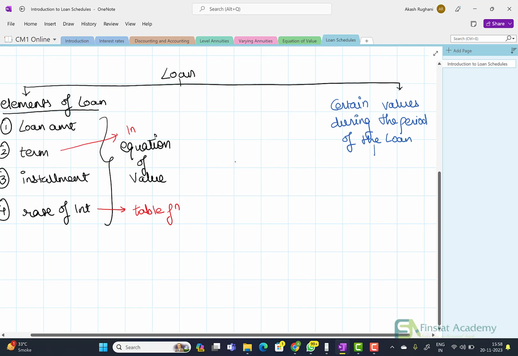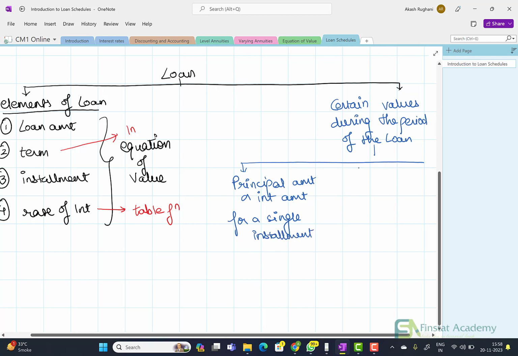This may be the principal amount or the interest amount for a single installment, or the principal amount, also called the capital amount, or the interest amount of multiple installments.